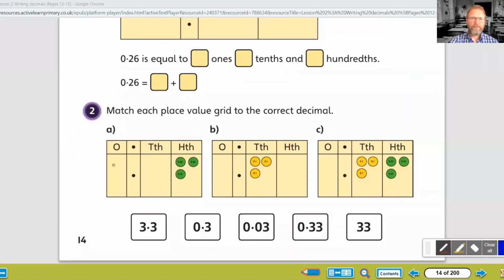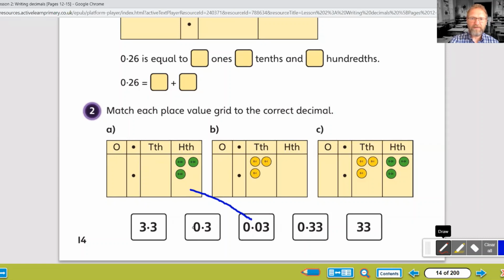And the answer to 2. So we've got 0 ones, 0 tenths, and 3 hundredths. And if we look in the middle here, we've got 0 ones, 0 tenths, and 3 hundredths. So we join those two together. For B, we've got 0 ones, 3 tenths, and no hundredths.